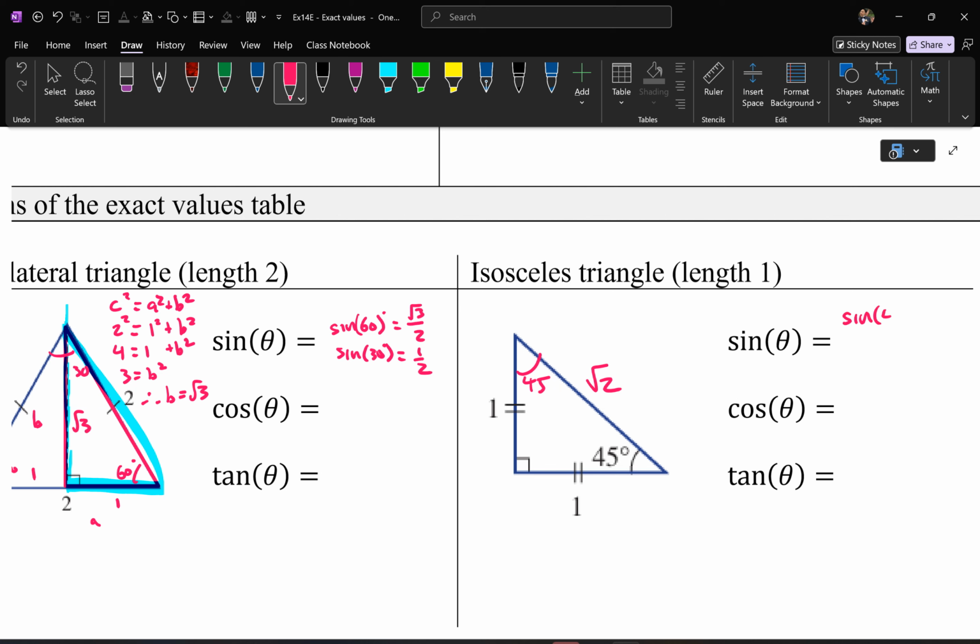So sine of 45 degrees is 1 on root 2. And if you do tan of 45, opposite over adjacent, that's why it's 1. So you can get all 15 through these 2 triangles, isosceles or equilateral.